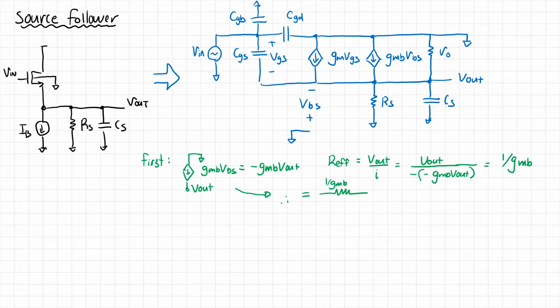Okay, and that's going to simplify our circuit just a little bit. All right, so I'm actually going to draw the simplified circuit on the next slide, so we can derive some of the results. Let's do that on the next slide. Okay, so here is the simplified circuit.